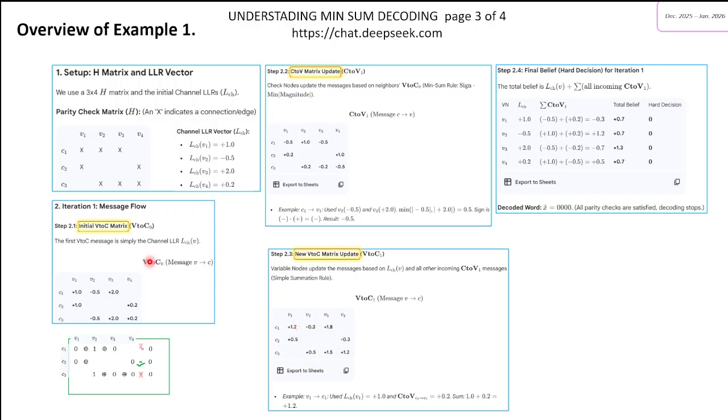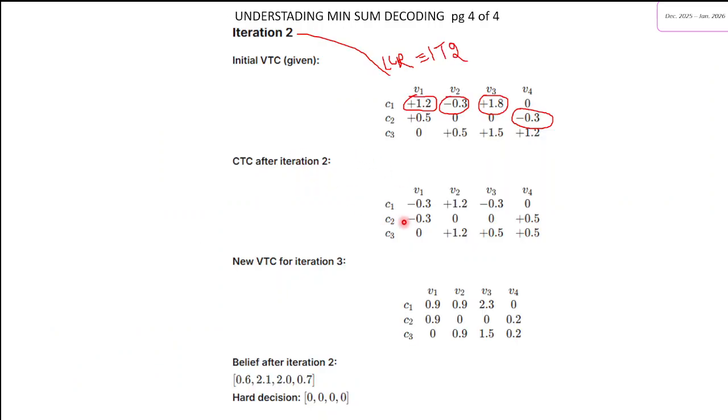This becomes the initial matrix, and this is used, the column is used with LLR to conclude what belief we have in the first iteration. Similarly, the LLR sums with these to estimate the beliefs for this iteration. The more the number of iterations, the more refined the answer is.